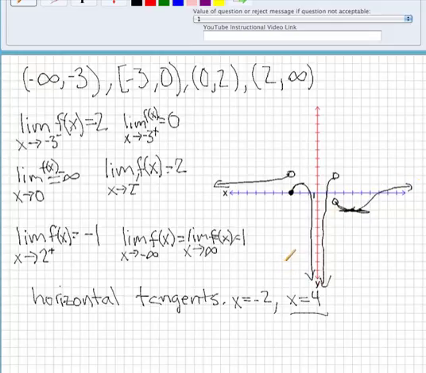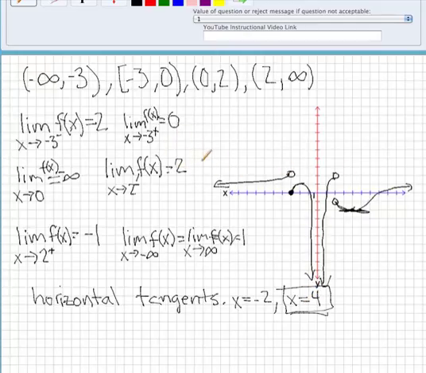And the limit at the start is negative 1. And we know it goes down and curves back up because of this right here. And then this section, 0 to 2, we know it starts at negative infinity and comes up. So at 0, it's going to approach infinity.